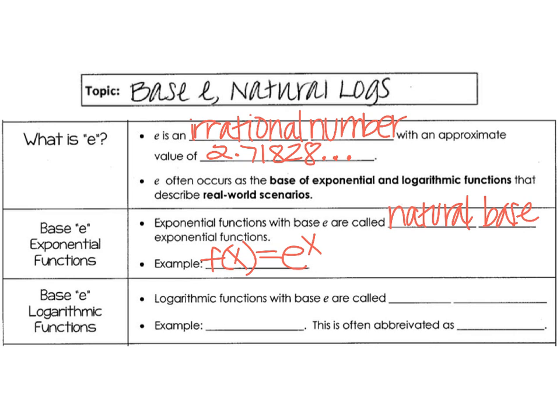Now, base E logarithmic functions are called natural logarithms. We use the term natural logarithms to describe logarithms that have a base E. Just like we learned before, common logarithms have a base of 10.